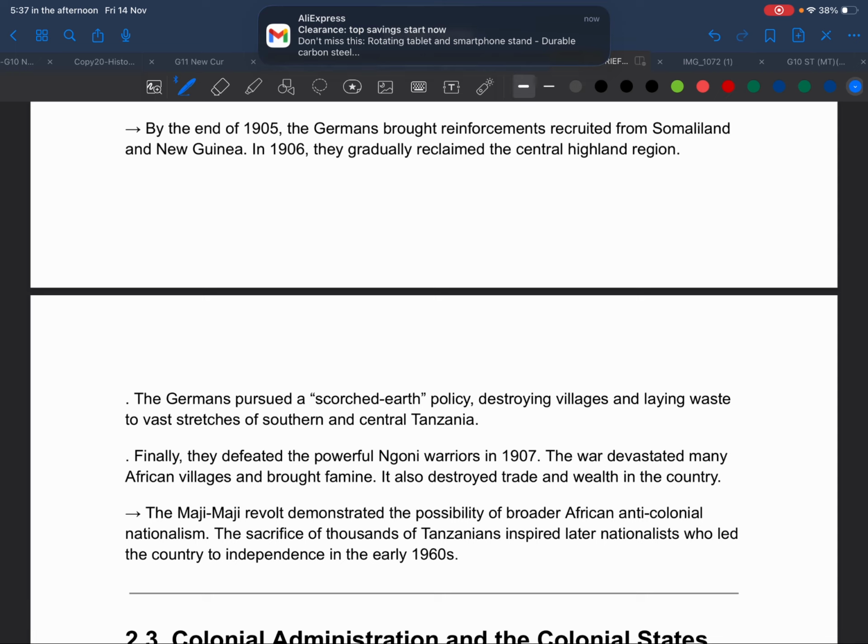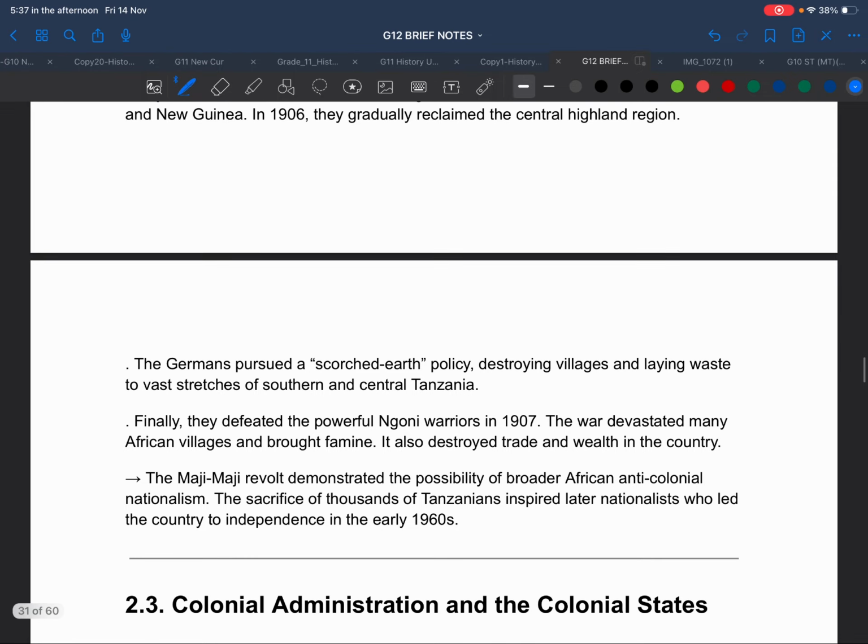By the end of 1905, the Germans brought reinforcements, recruited from Somaliland and New Guinea. In 1906, they gradually reclaimed the Central Highland region. The Germans pursued a scorched earth policy.